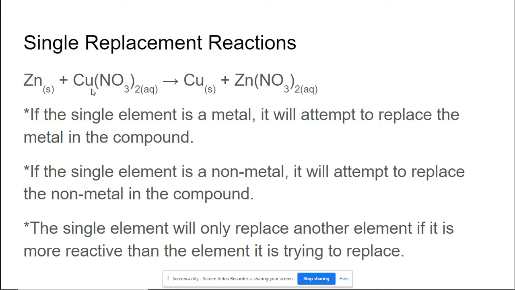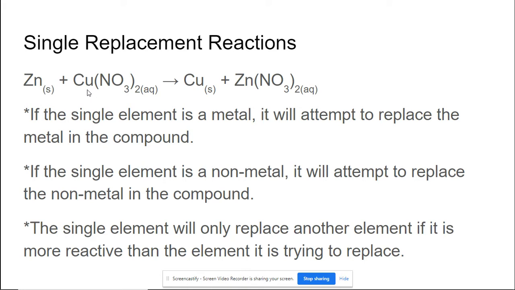If you think back to the Edpuzzle you did, he compared this reaction to a dance in which you have a dance pair, a couple dancing here, and then the single person comes and tries to cut in or replace one of the dance partners. Okay?